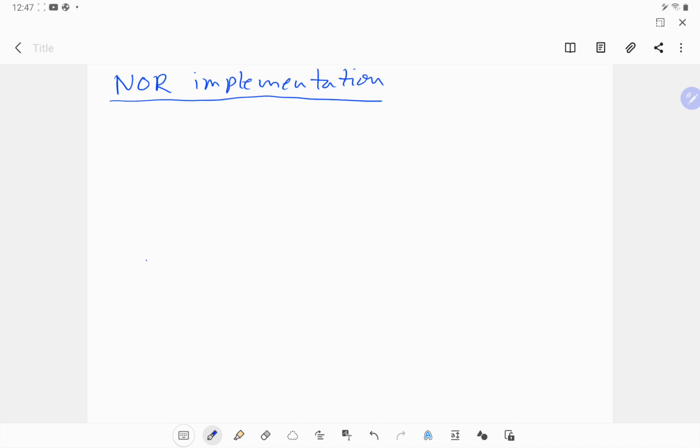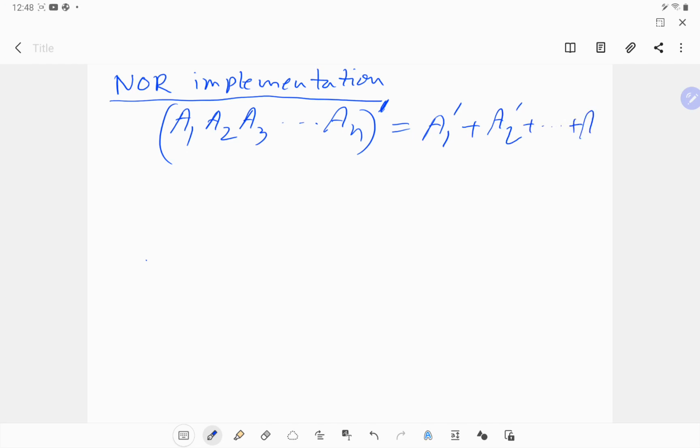If we have A1, A2, A3 up to AN number of Boolean variables, applying the De Morgan theorem will give us A1 prime plus A2 prime plus, and eventually you have AN prime. So this is the De Morgan theorem, and we want to apply this for the purpose of NOR implementation.